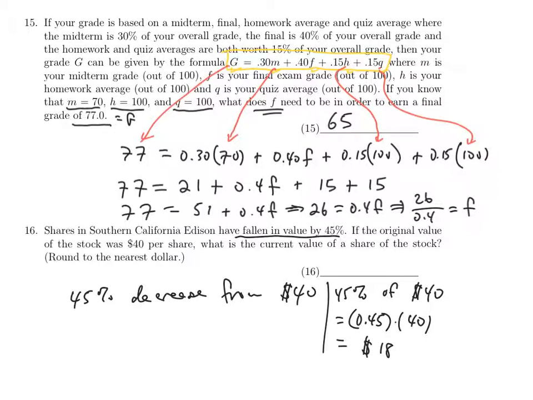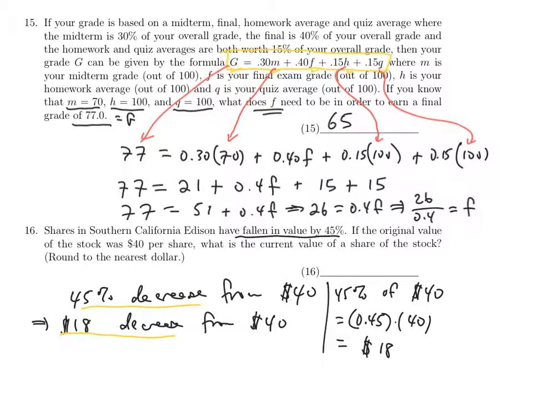But notice that that is the decrease. So 45% of 40 is the decrease from 40. Because the 45% was the amount of decrease, then the $18 is a decrease.